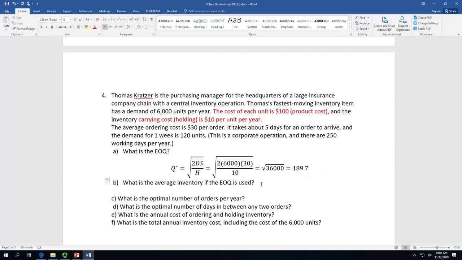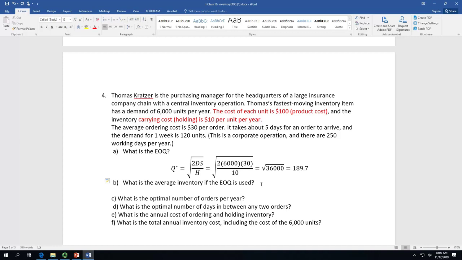So now I ask you this question. What is the average inventory if the EOQ is used? This question is actually simple. It is trying to ask you to recall the assumption of this optimal quantity model.